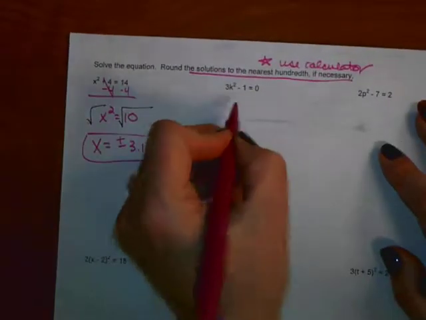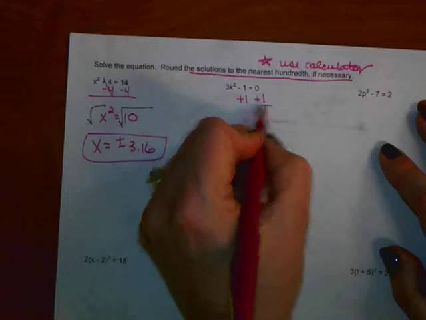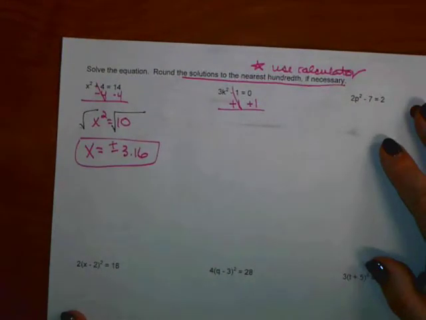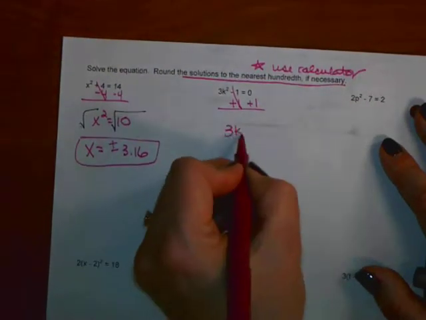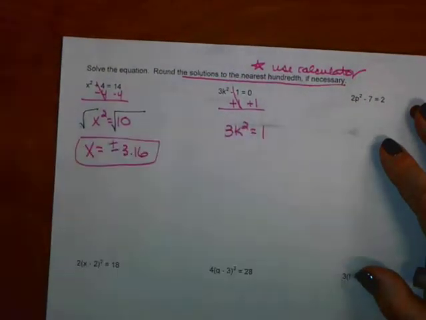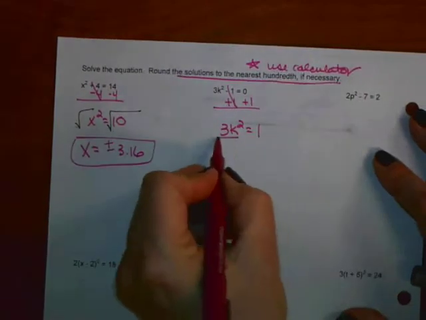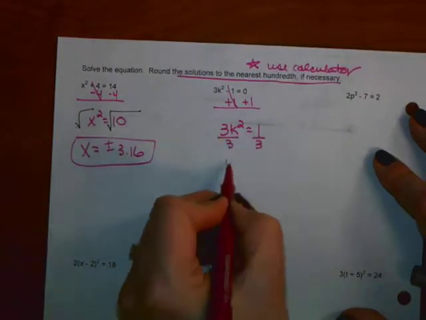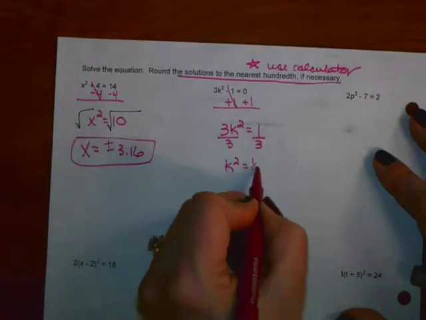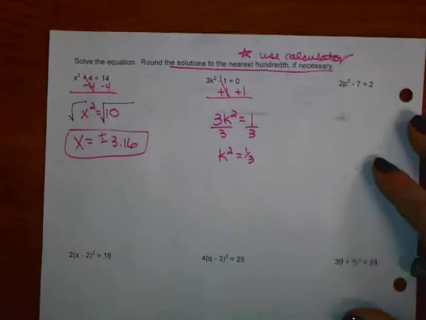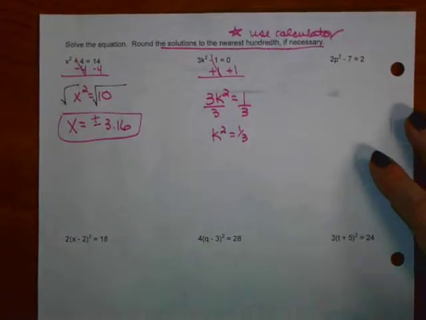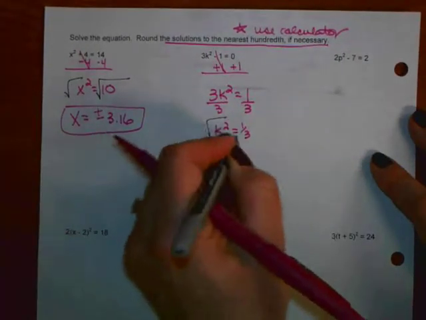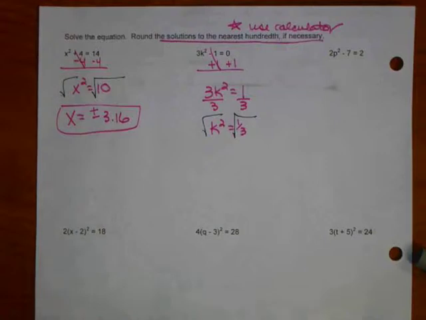Okay, let's do another one. Plus 1, plus 1. You get 3k squared equals 1. You've got to divide by 3 to get k squared by itself, and you get k squared equals 1/3. Now, the reason this is in here is because you've got to be careful on those calculators.